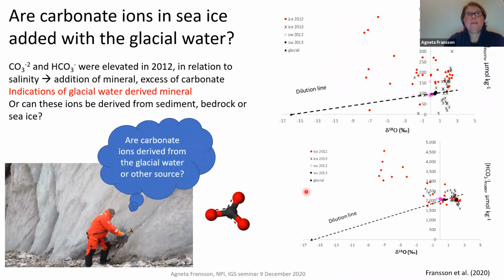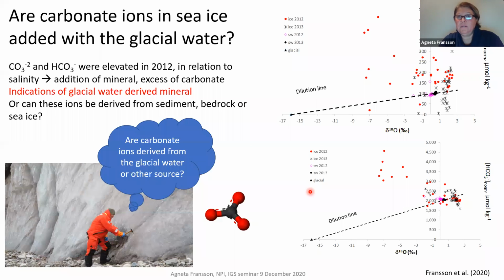So we now wonder if the carbonate ions are added with the glacier water, because we could estimate the carbonate and bicarbonate concentrations, and they were elevated in 2012 in relation to salinity, and that might be addition of minerals or an excess of carbonate.